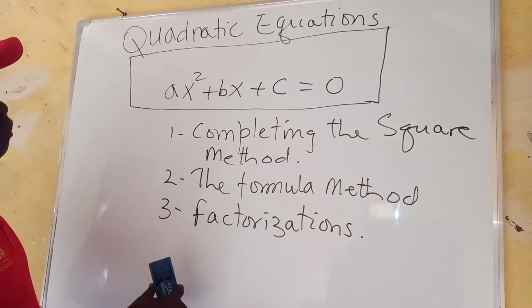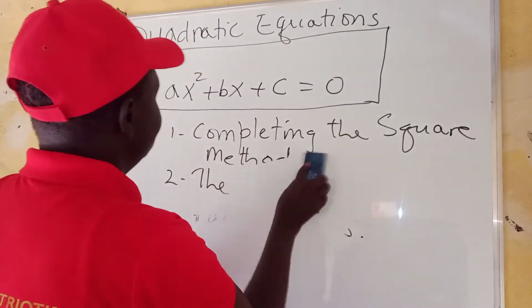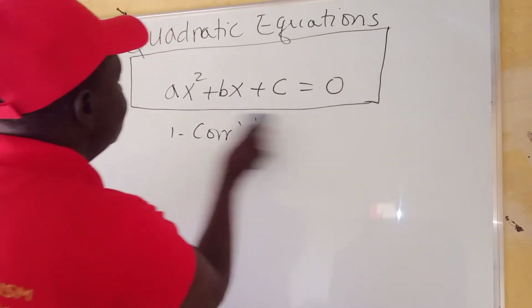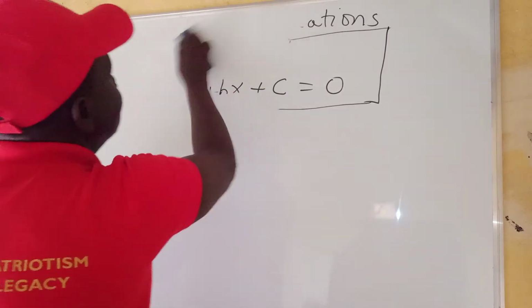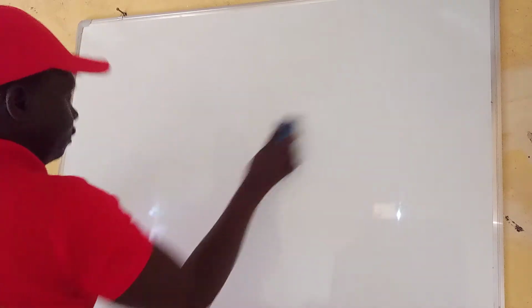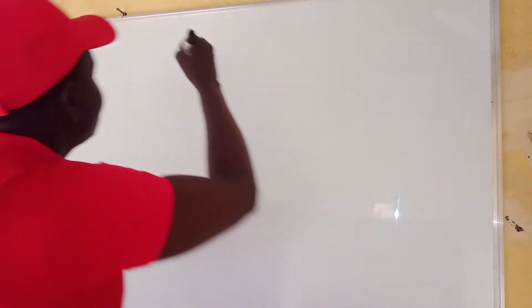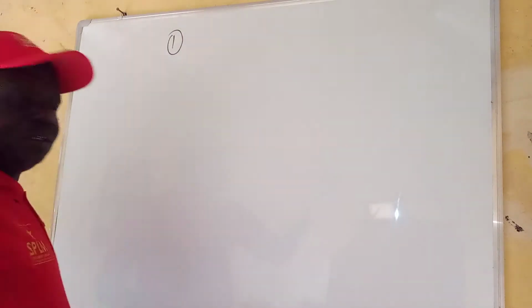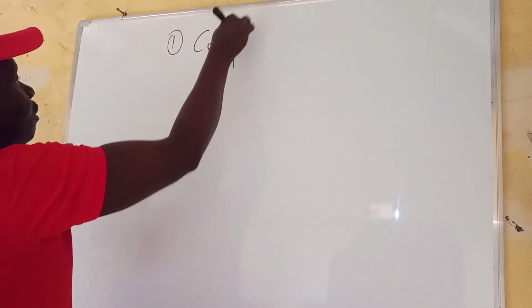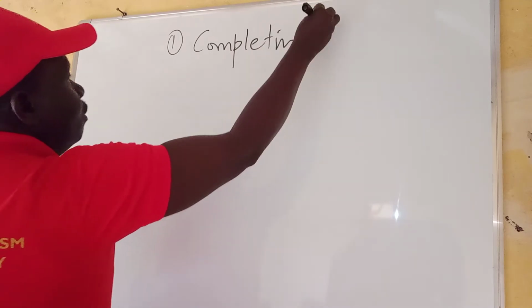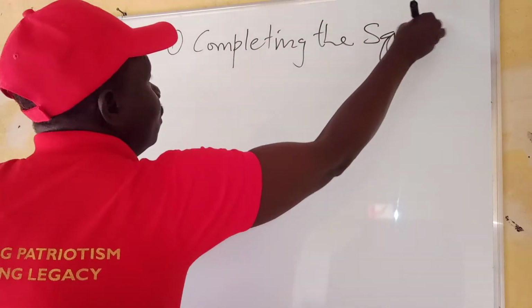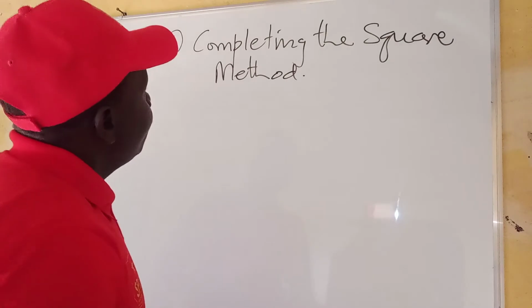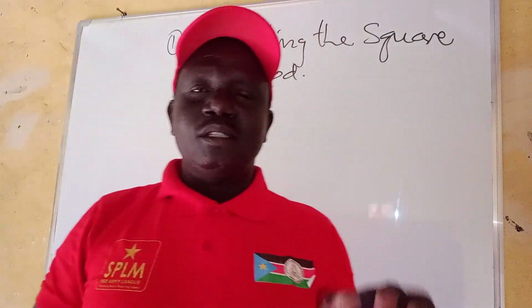Now let us take the completing the square method. Completing the square method has three steps to follow.